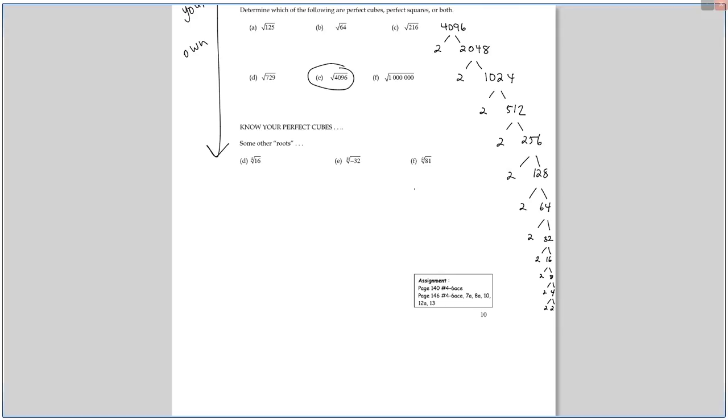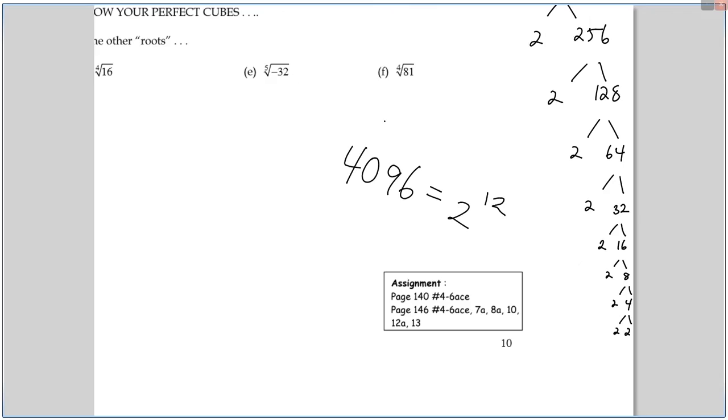Okay, so how many were there? 4096 is equal to how many 2s? 1, 2, 3, 4, 5, 6, 7, 8, 9, 10, 11? Did I miss? Oh, 1, 2, 3, 4, 5, 6, 7, 8, 9, 10, 11, 12. There's 12. So the index is 12. How can 12 be broken down?